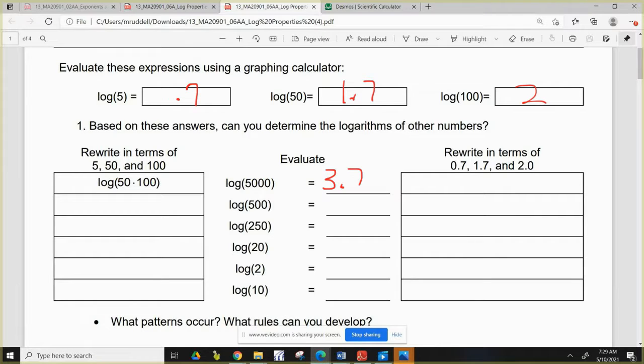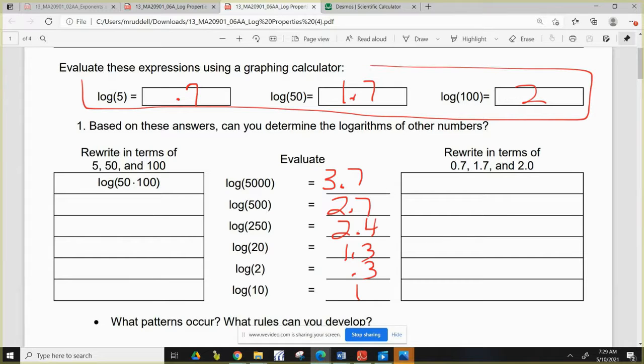Hopefully you filled these out. If you round these to the nearest tenth, this is what you get. Now, we can use these logarithms that we found at the top and the properties of logarithms to figure out what log 5,000 is.